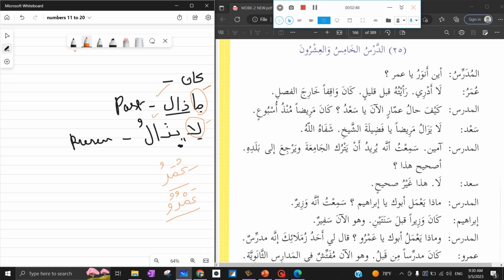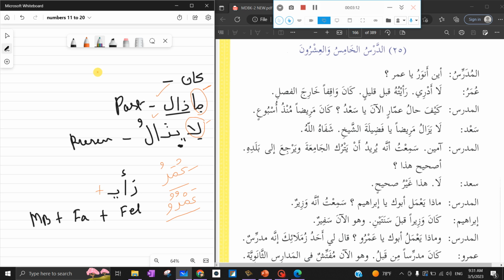If we see this ra'ay, this is the fi'l we have, and we will follow the same formula, fi'l plus fa'il plus maf'ulun bihi. So we have ra'ay, and then we have two damirs attached with it.